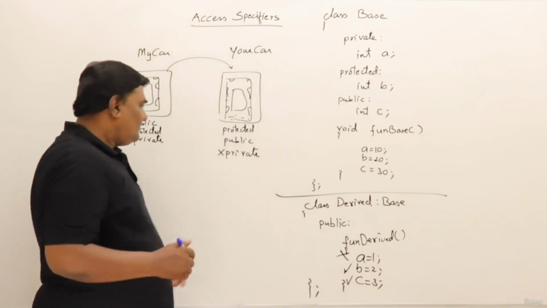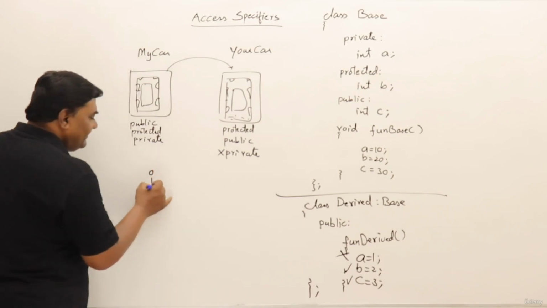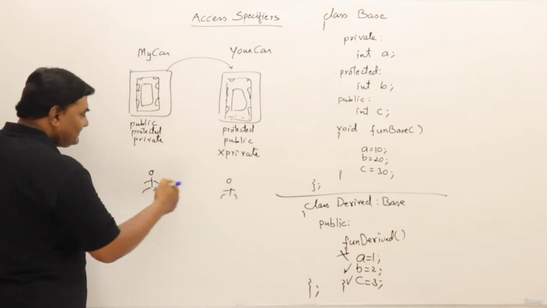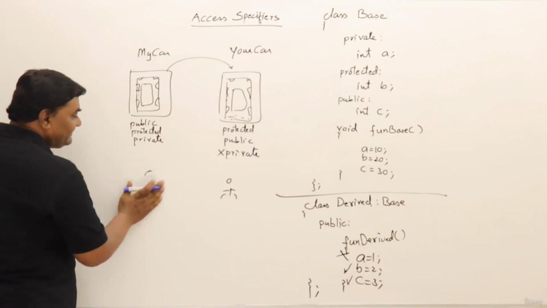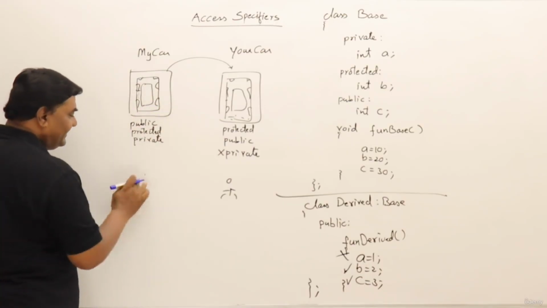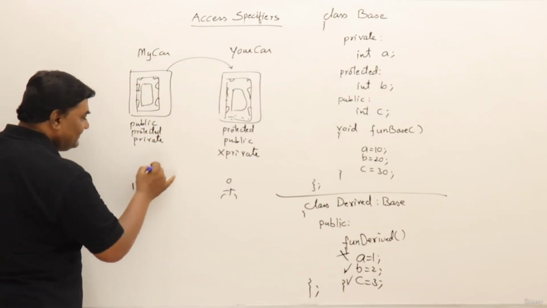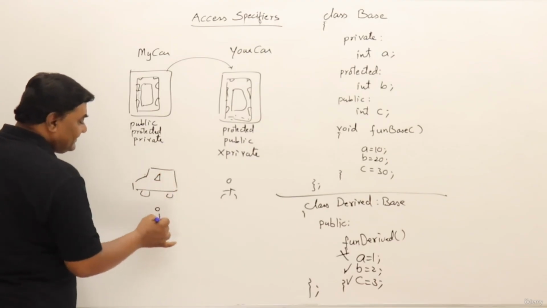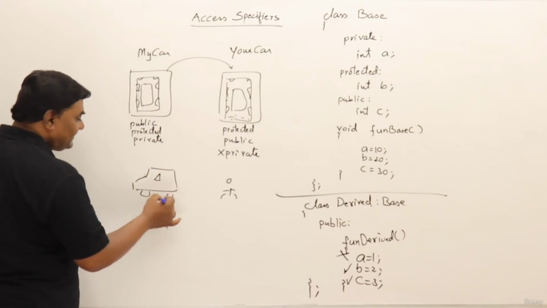That's it. Now, this is a customer. Let us look at the customer here. My company has manufactured a car, so this is a particular car, right? And one of the customers has purchased this car.